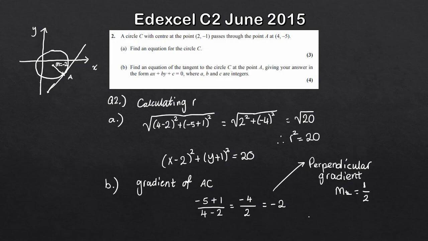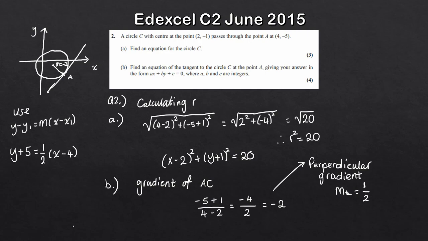Okay, so all I need to do now is use y minus y1 is equal to m lots of x minus x1. And we use that at the point A, okay, which we already know is (4, -5). So this is going to be y minus minus 5, so that would be plus 5, is equal to a half of x minus x1, so x minus 4.